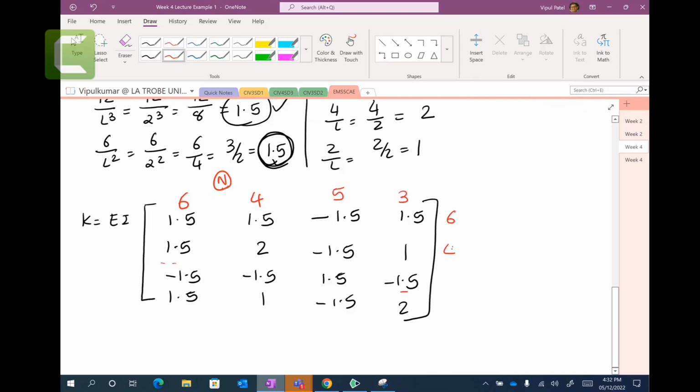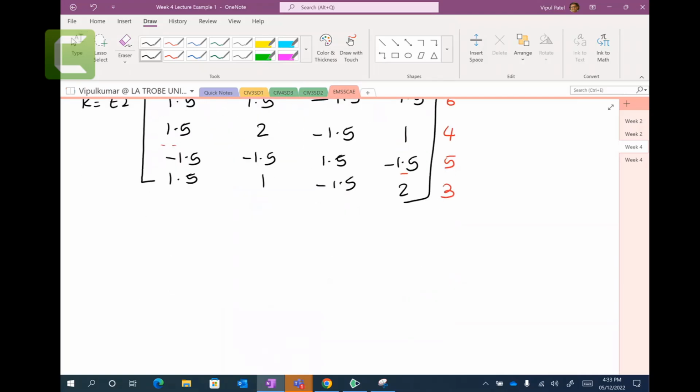So 6, 4, 5 and 3. Unmute yourself if you don't understand that. The first 2 columns are for the near node, and the first is the vertical displacement of the near node and then rotation. Vertical displacement and rotation do not require any remembering. If you have no questions, we can move on to element number 2.